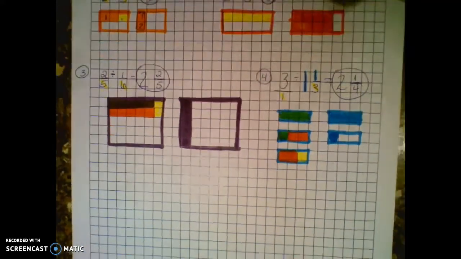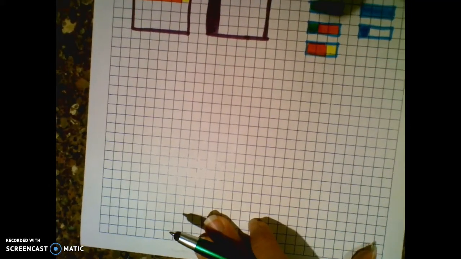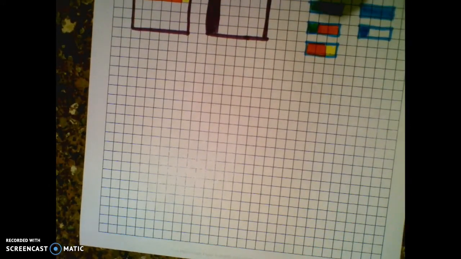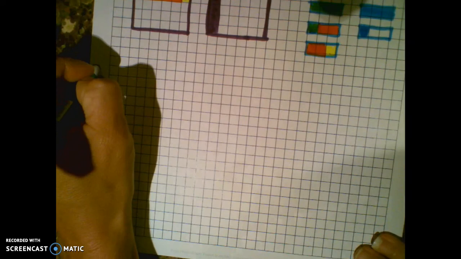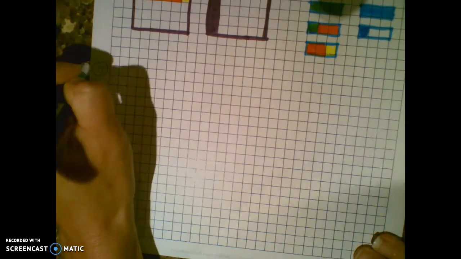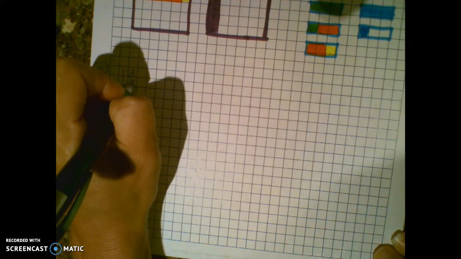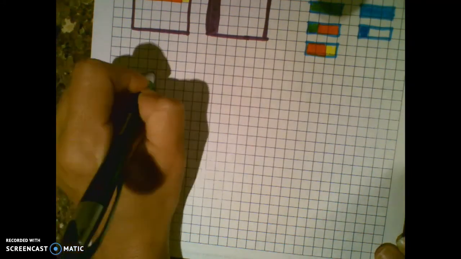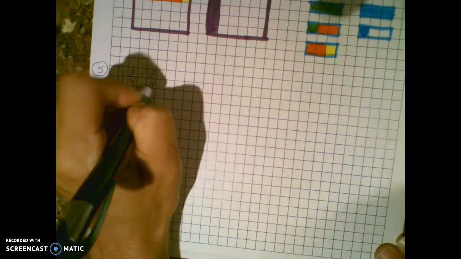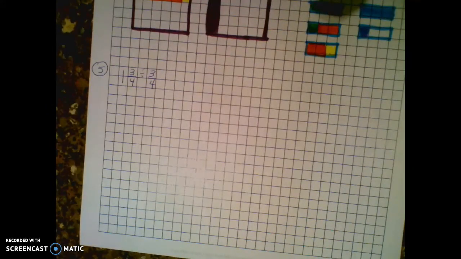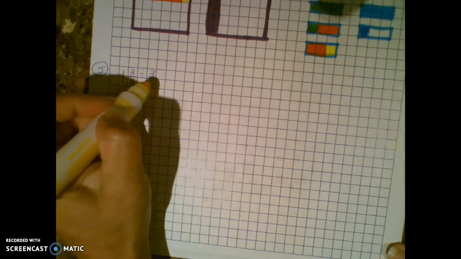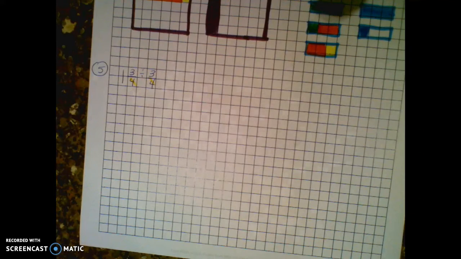Okay, let's look at our final problem on the front of this page. Again, this one is going to need multiple models. I've got 1 3/4, and I'm dividing it by 3/4. Okay? So this is pretty easy because look, there you go. 4/4, denominators are the same.